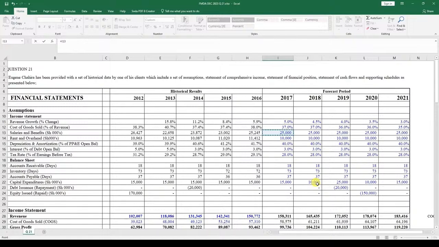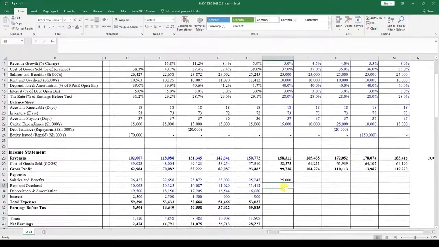Just pick it up from there, and also because they're following each other, just drag it like that and fill it out. What I've just done, I've just picked this one from here, and you can see from here, this is I32.